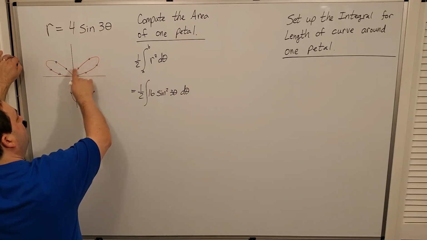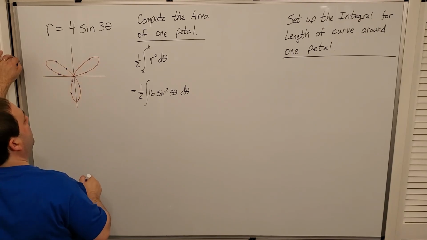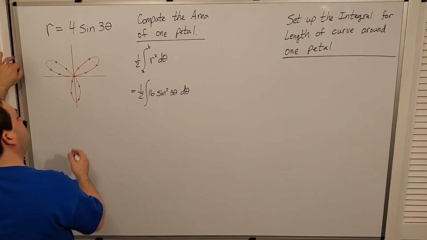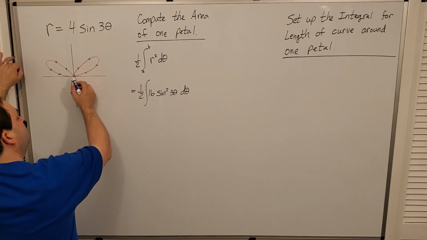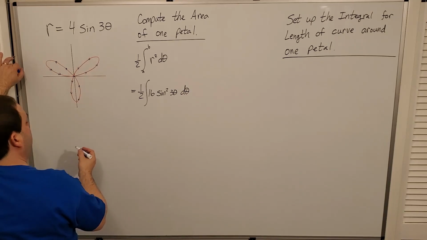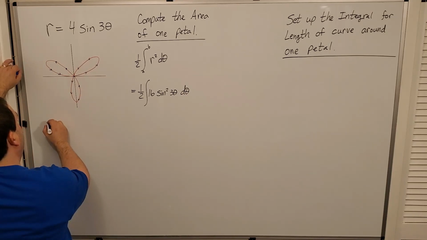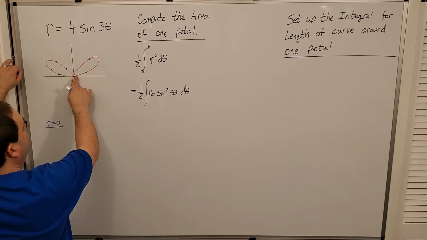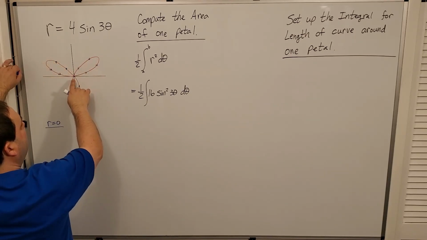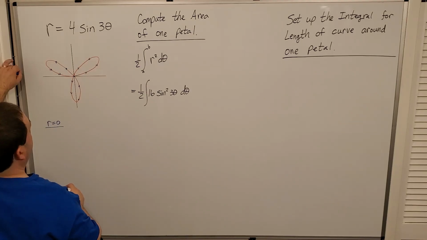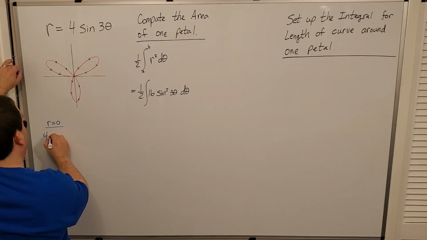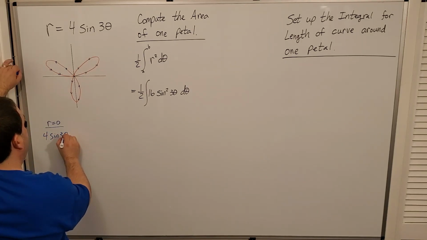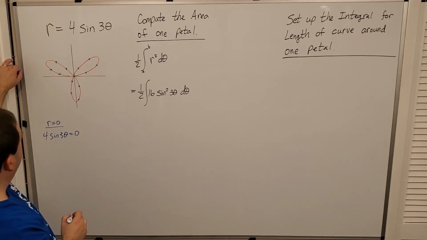Okay, so it goes around like that. I need to know where it hits the interior point right there again. So I'm just going to let r equal 0 so that I can tell all of the points when this thing should be hitting the center over and over again. Right, so that's 4 sine 3 theta is equal to 0.